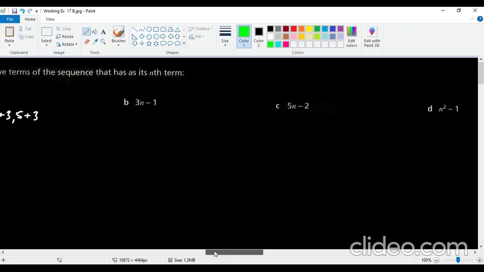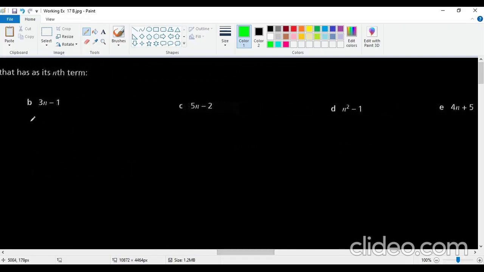Then comes the next one. In here also, 3 times 1 minus 1, 3 times 2 minus 1, 3 times 3 minus 1, 3 times 4 minus 1, and 3 times 5 minus 1. So in here we are replacing with the numbers 1, 2, 3, 4, and 5.